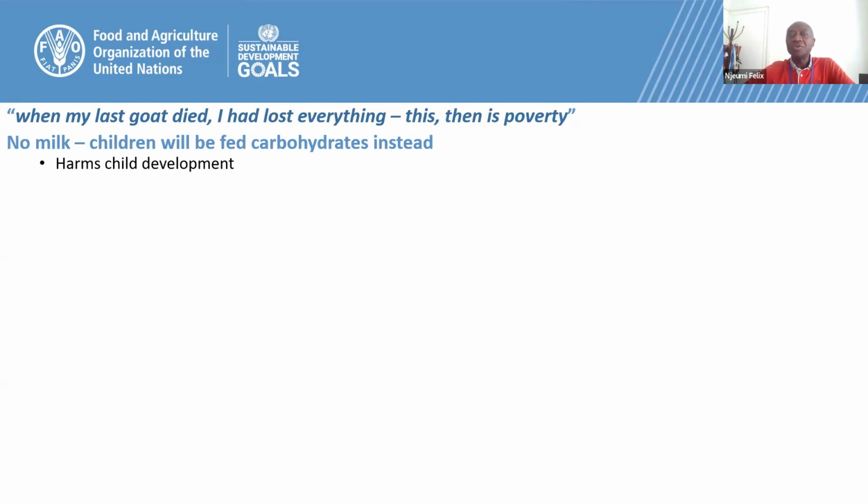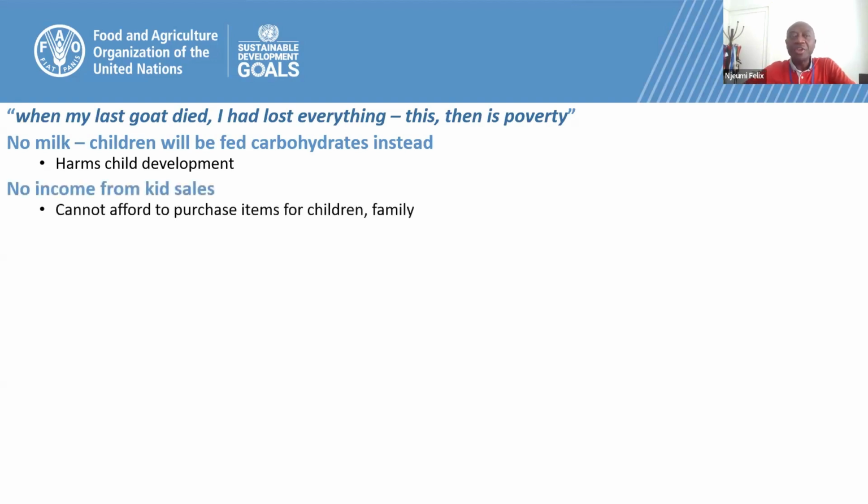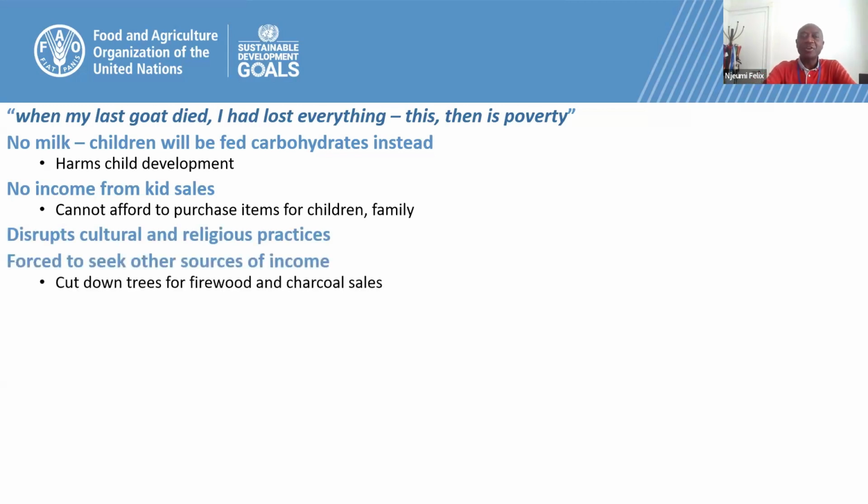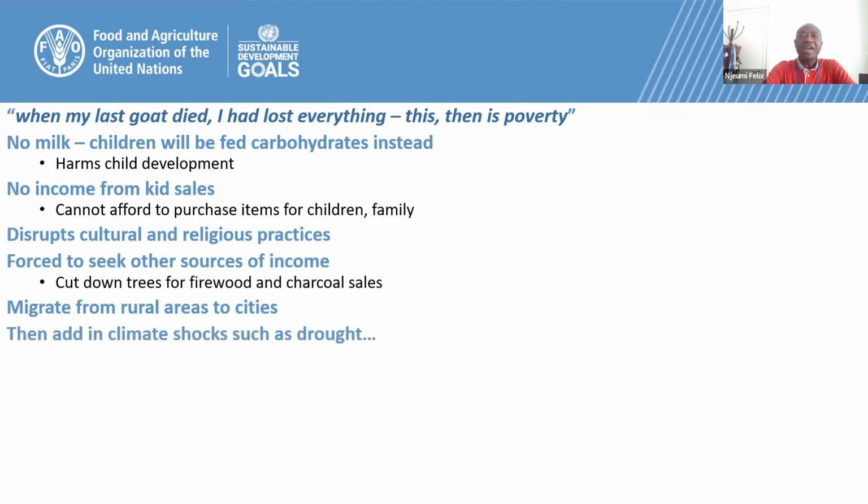It means no milk, children will be fed carbohydrates instead. Her children's development suffers, no income from kid sales, or she cannot afford to purchase items for the children and family, cultural and religious practices are disrupted, trees are cut down for firewood and charcoal, people migrate from rural areas to the city, then add in climate shocks such as drought.